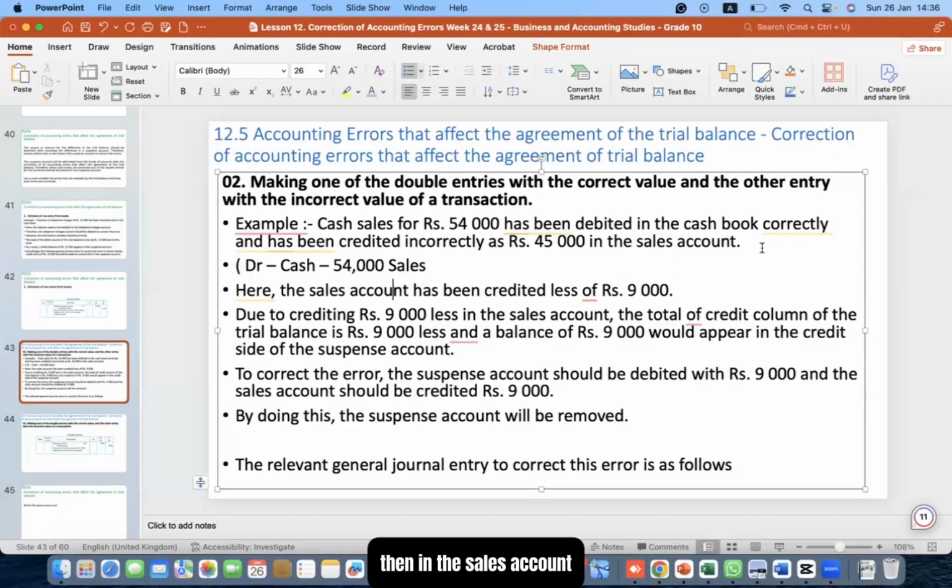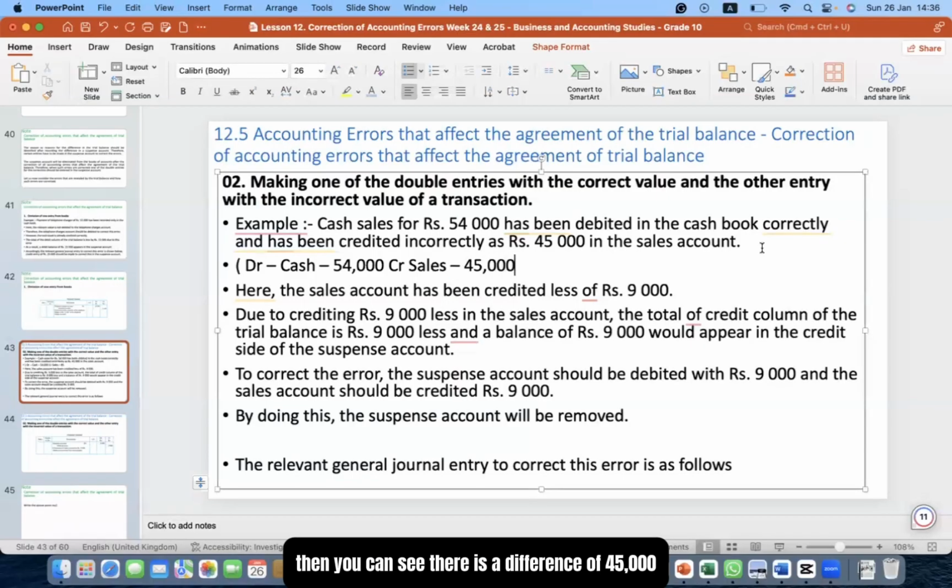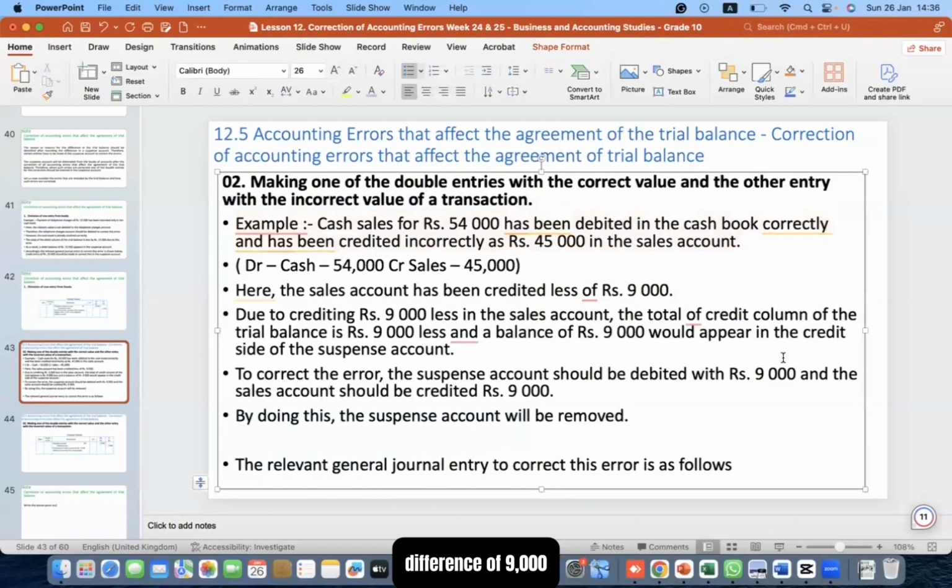Then in the sales account, you have credited it only by how much? 45,000. Then you can see there is a difference of 9,000, or a shortfall of 9,000 on the credit side, because instead of 54,000 you have recorded only 45,000.